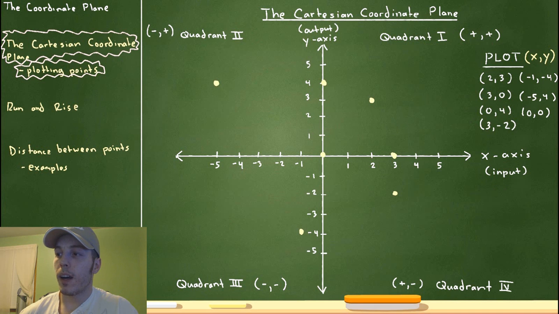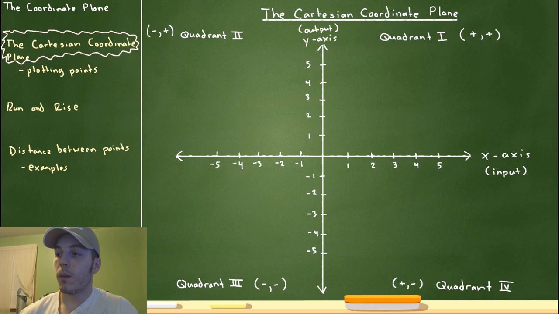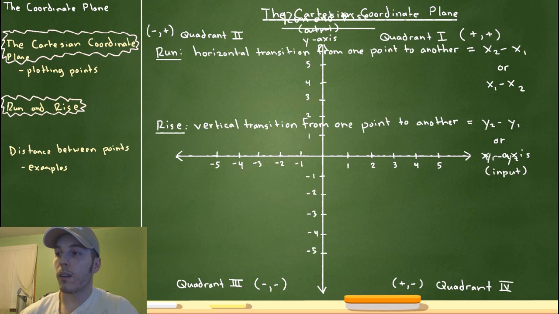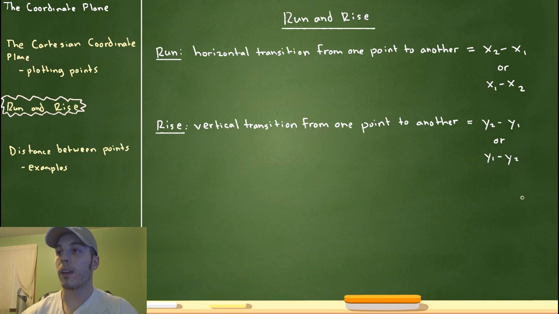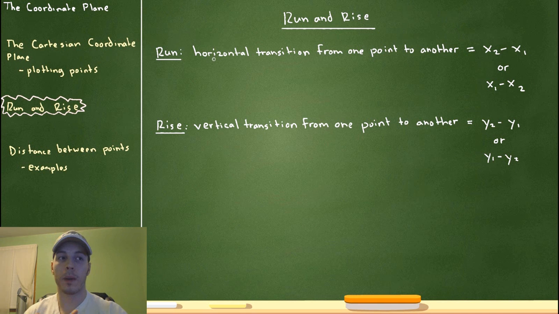Once you're comfortable plotting, we can start to do some things with these points. Okay. The first thing we may want to do is talk about the run and the rise. And I know when a lot of people hear the term run and rise, they immediately think that these two terms are connected because of the slope.